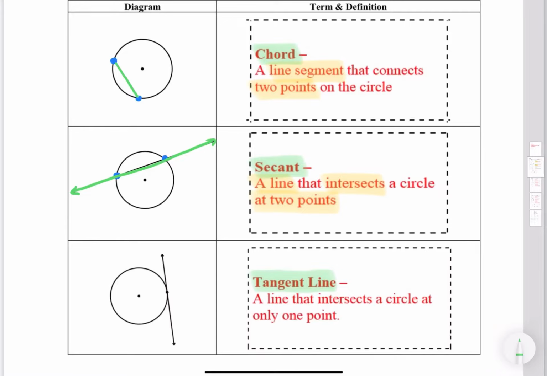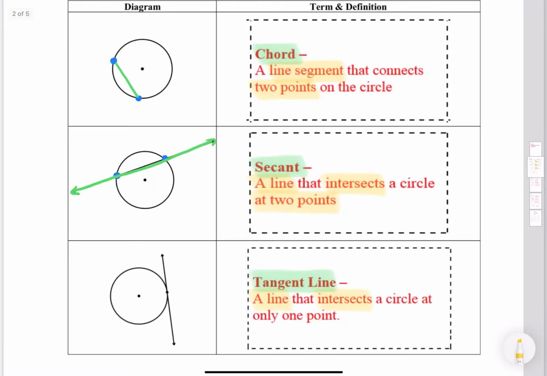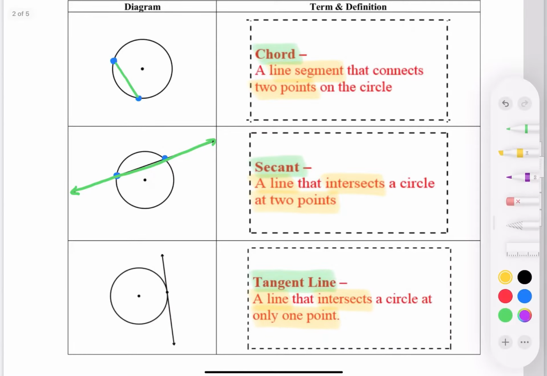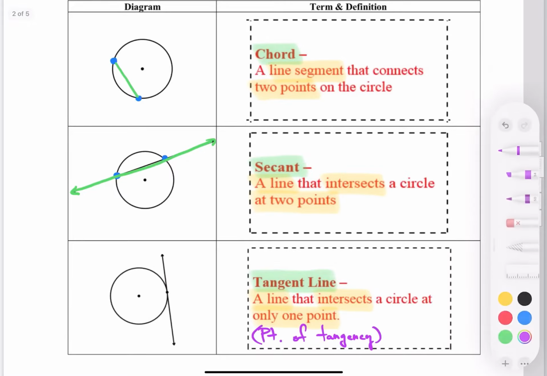And then we have our tangent line. Now our tangent line is a line that intersects the circle at only 1 point, and that point is called your point of tangency. So it's just barely touching that circle.